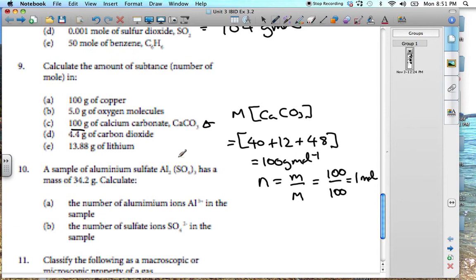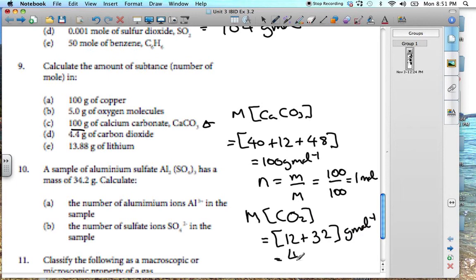4.4 grams of carbon dioxide. Let's just do that one. Your molar mass of carbon dioxide, CO2, is going to be C is 12 plus O2 is 32, that's 2 times 16 grams per mole, and so that's going to be 44 grams per mole.